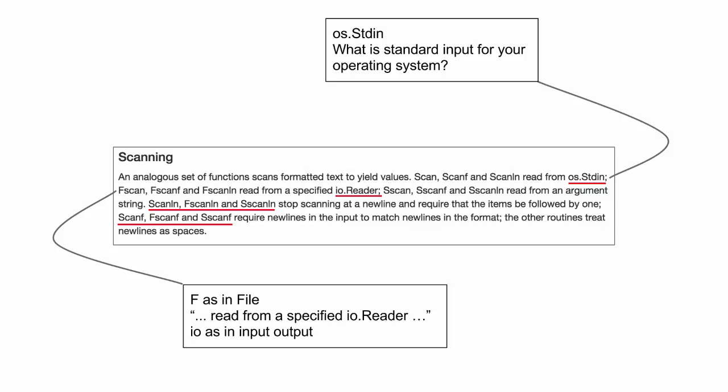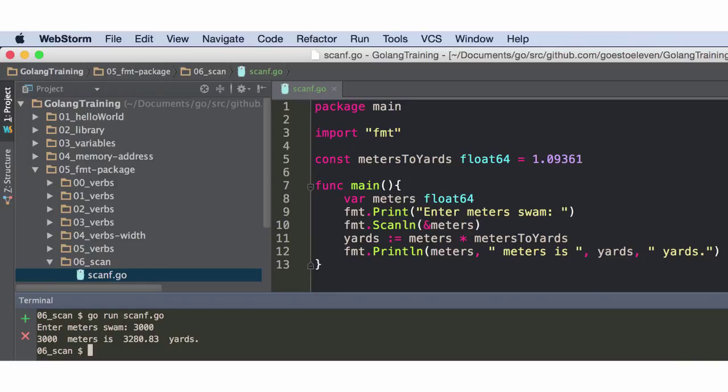And then Sscan, Sscanf, and Sscanln read from the argument string. Scanln, Fscanln, and Sscanln stop scanning at a newline and require that the items be followed by one. Scanf, Fscanf, and Sscanf require newlines in the input to match newlines in the format. The other routines treat newlines as spaces. F is for file, read from a specified io.Reader. I/O is input-output, as you know.